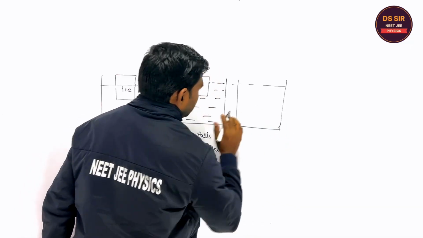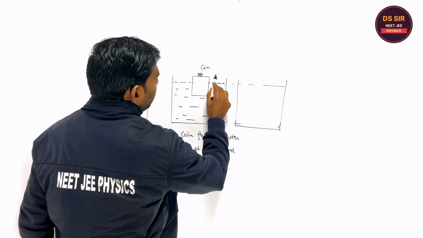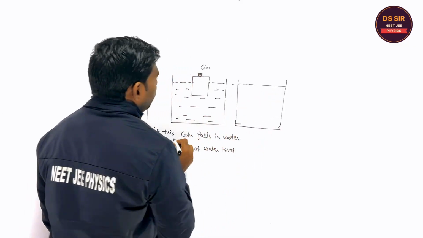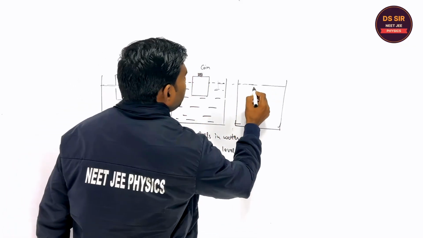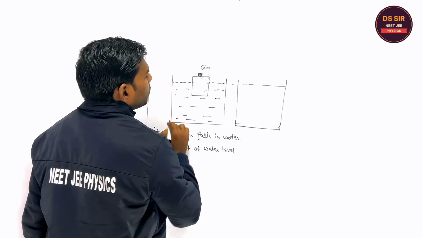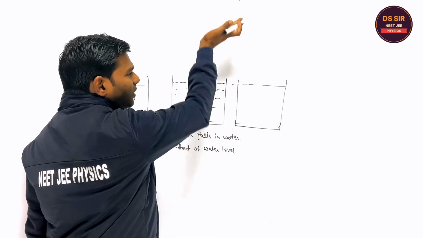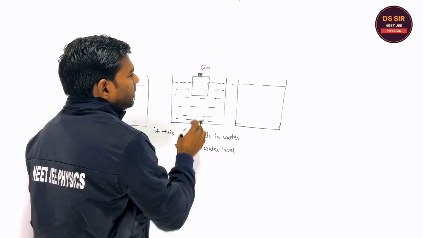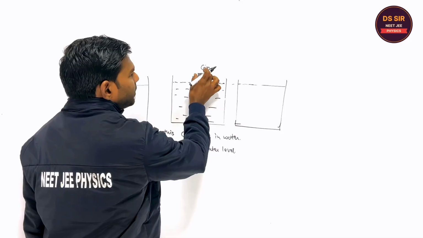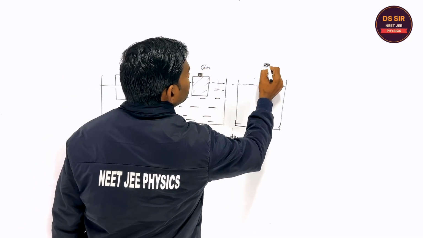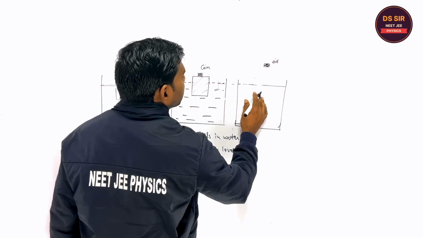Listen, when this coin falls here, what will happen? You tell me about this wooden block. Suppose this is the wooden block. Will it come up or go down? If it comes up, suppose the coin is now in the air.